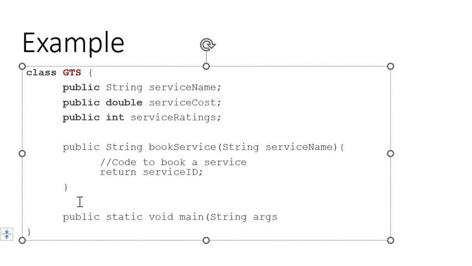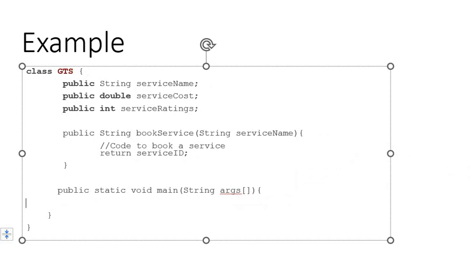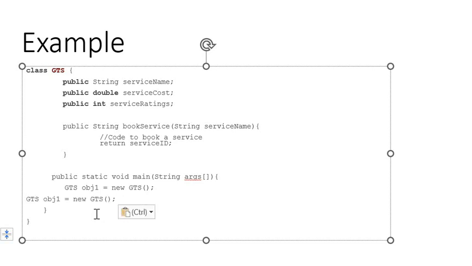Now inside this main method, if I create an object or multiple objects, I'll create two objects, obj1 and obj2.